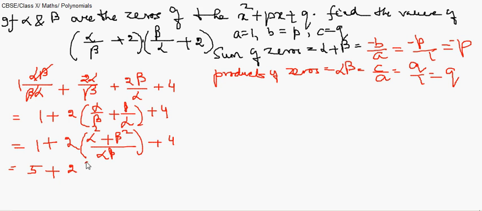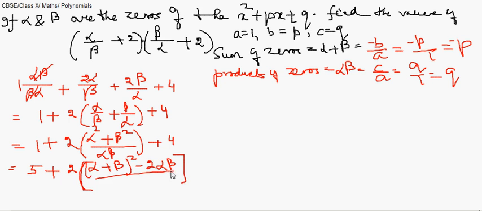So let us represent alpha square plus beta square using alpha plus beta whole square. If you remember the formula, a plus b whole square is a square plus b square plus 2ab, so alpha square plus beta square is alpha plus beta whole square minus 2 alpha beta, right?